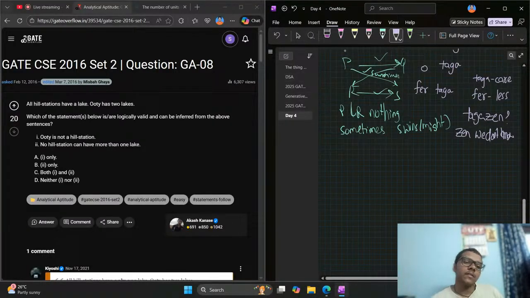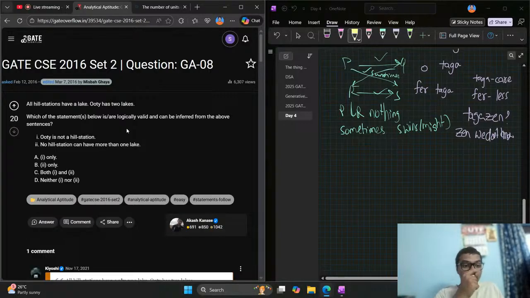All hill stations have a lake. Ooty has 2 lakes. Ooty is not a hill station. You cannot say that. No hill station can have more than 1 lake. No, you cannot infer that one too.